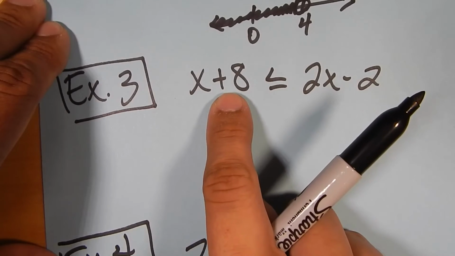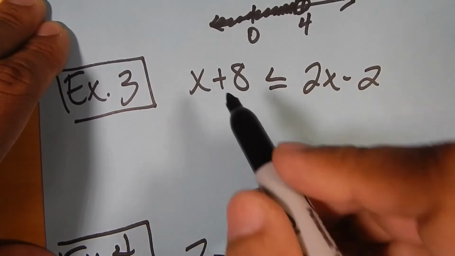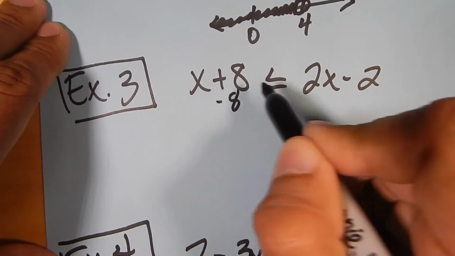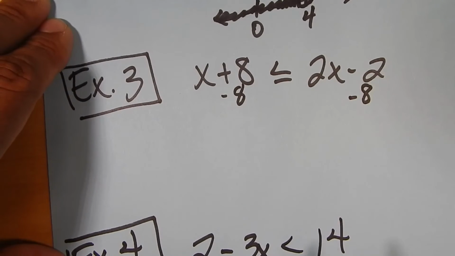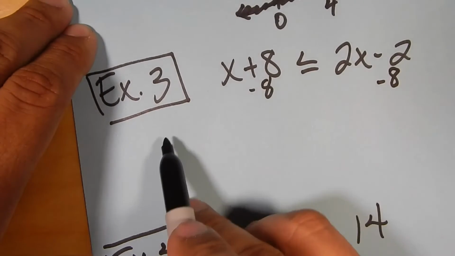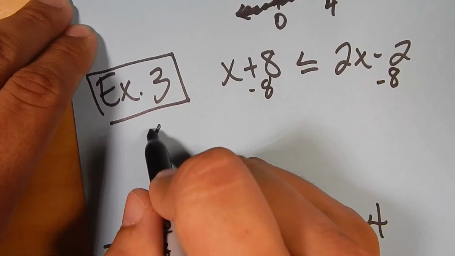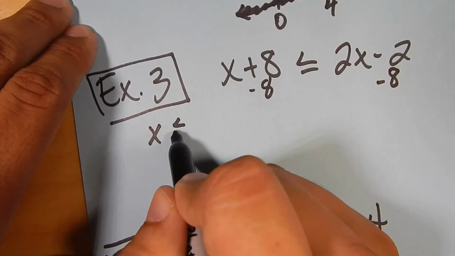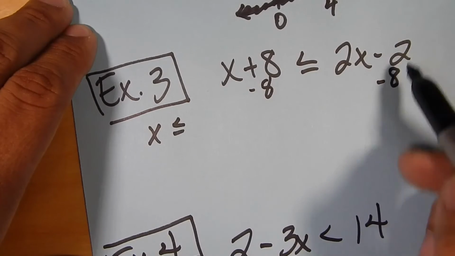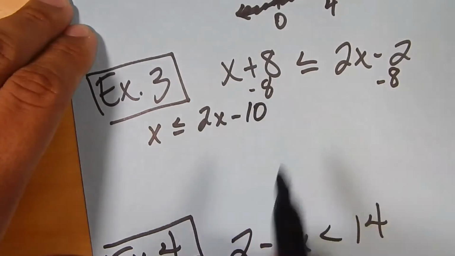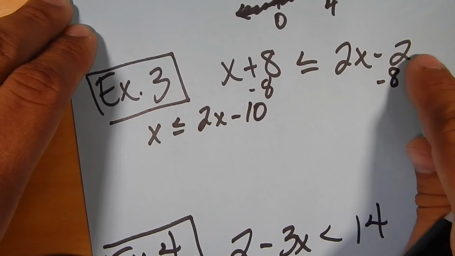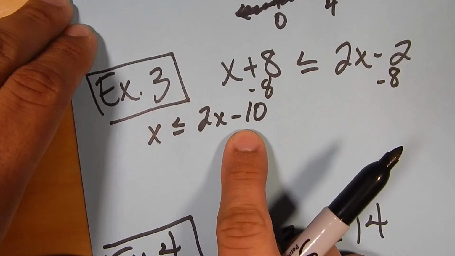So I'm going to subtract 8 from both sides. And that gives me, I'm going to come down over here, x is less than or equal to 2x minus 10. So after we've subtracted the 8, we're at this step.